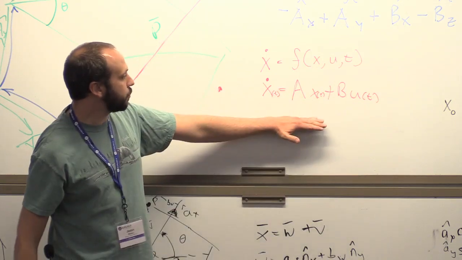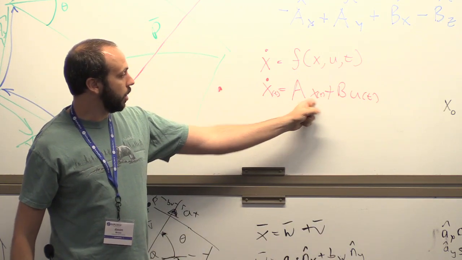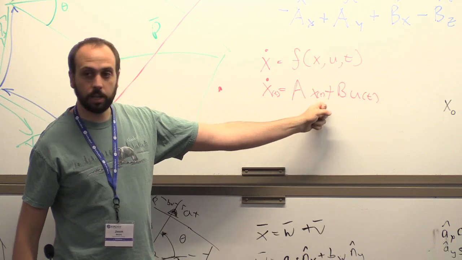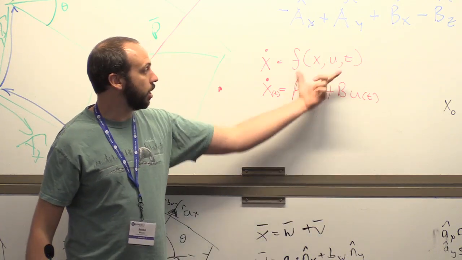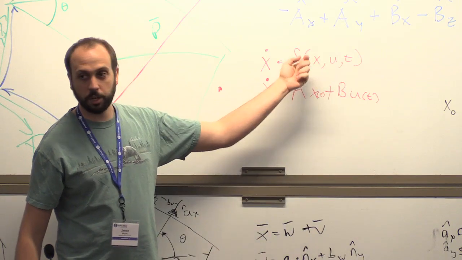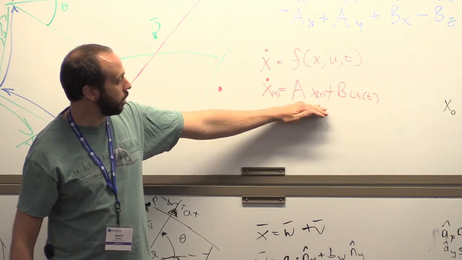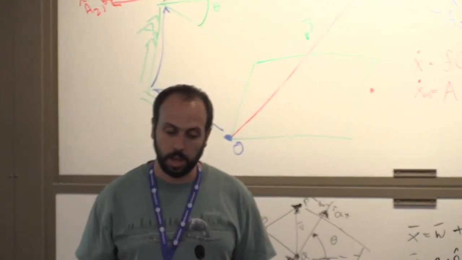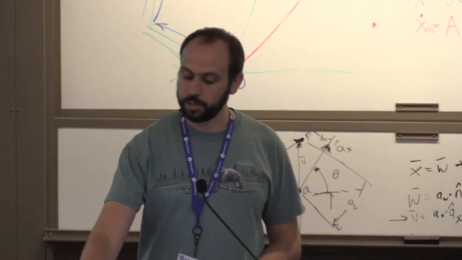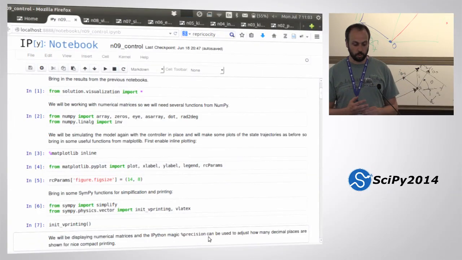This is called the state space form. We have a matrix, right? The x dots are linear in the states and linear in the inputs, instead of these generic things with lots of cosines and nonlinear powers. So we're going to build this x dot equals Ax plus Bu system, and that form of the equations is very nice for a lot of linear control methods.